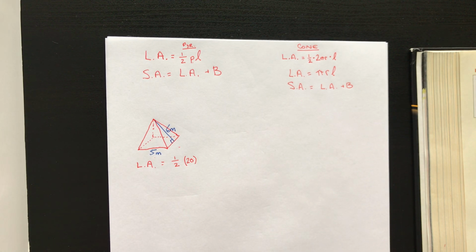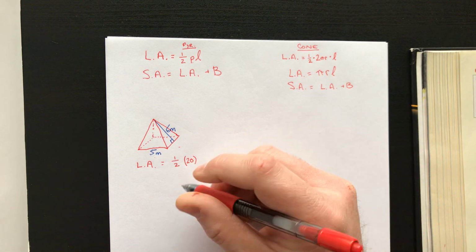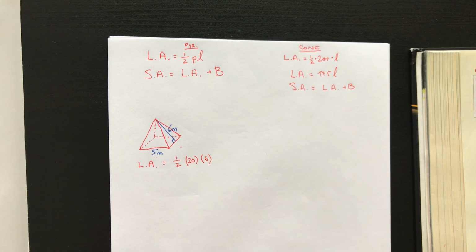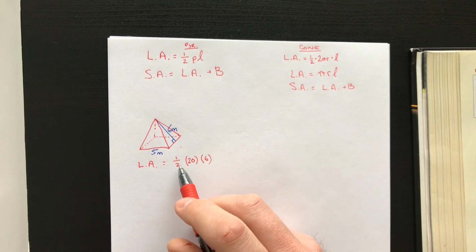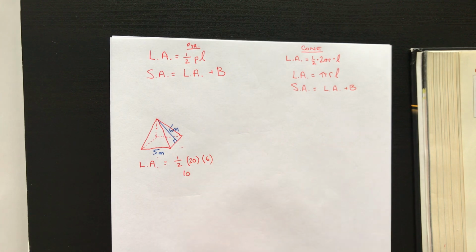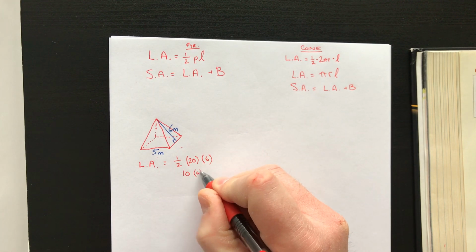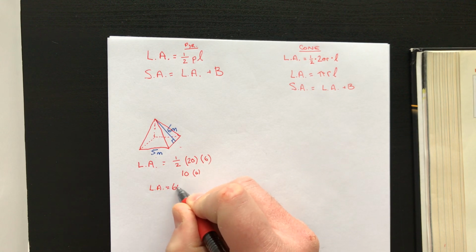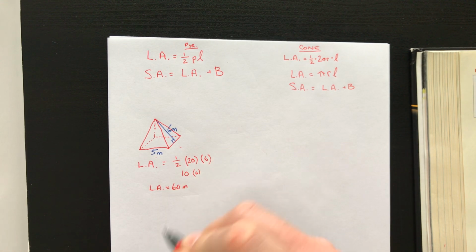And then your slant height is 6. So 1/2 times 20 is 10, times 6. So the lateral area is equal to 60 meters squared. All right, so that's number one.